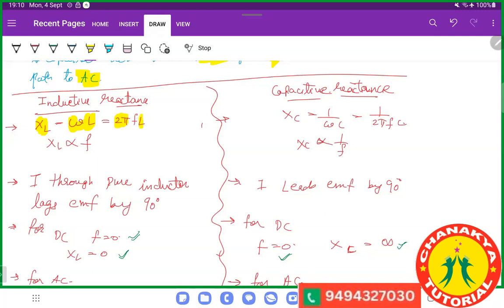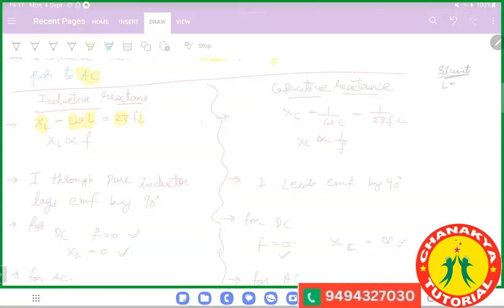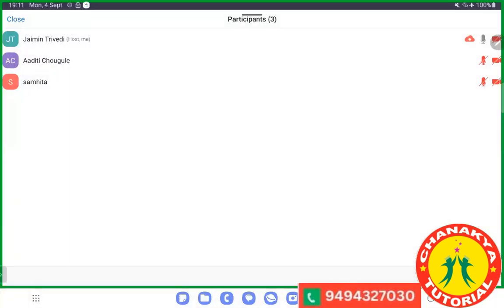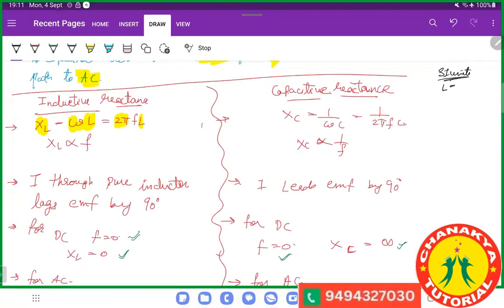And what's the unit of inductance? What's the SI unit of L? Henry.